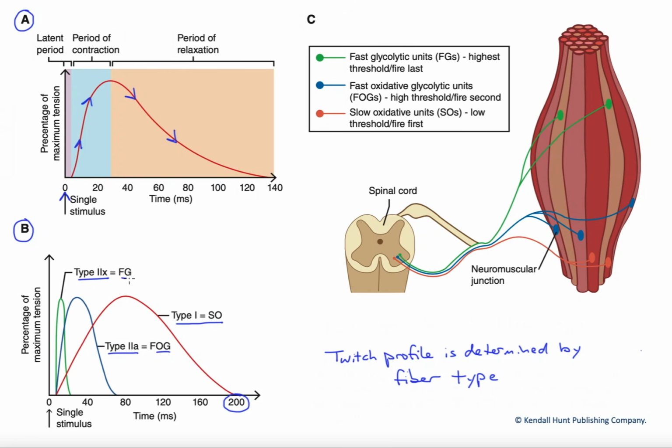And then finally, the very fastest and most powerful fibers are the type 2Xs, or the fast glycolytic. Glycolytic meaning they're adapted to make ATP from carbohydrates anaerobically and rely on that almost entirely once they're activated. Now, the tension is normalized here to 100%, but note that the type 2 fibers tend to be larger and can generate a lot more tension than the type 1 fibers, generally speaking.